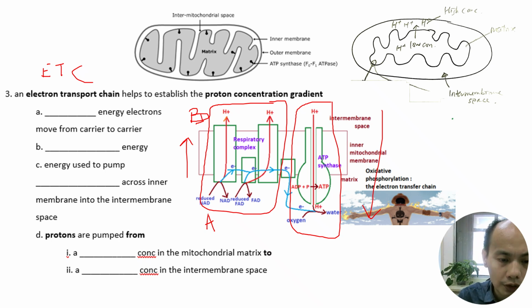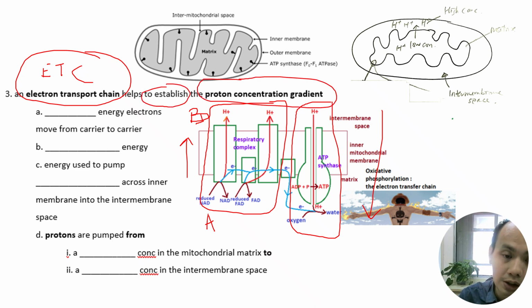Okay, so continue. The electron transport chain helps to establish the proton concentration gradient. It means that at the beginning it is balanced, but this ETC helps make one place high in concentration, so that another place is relatively lower. So you look at this picture.